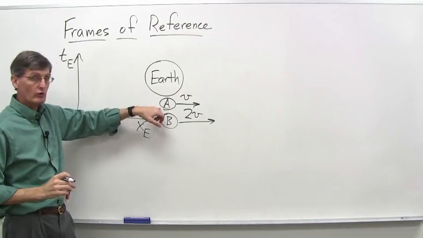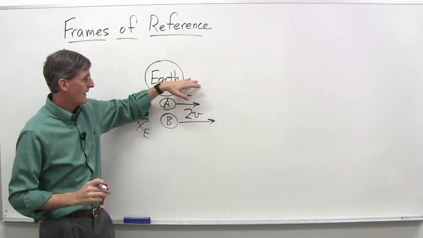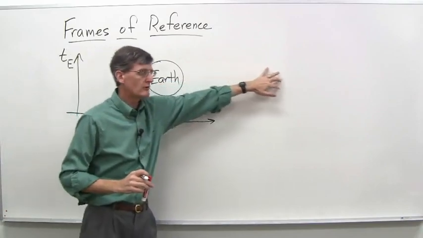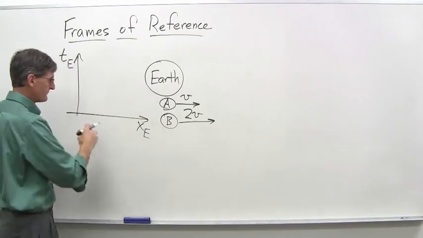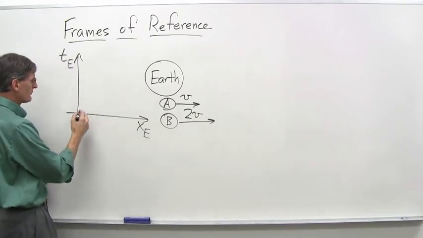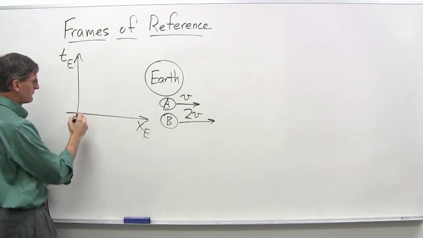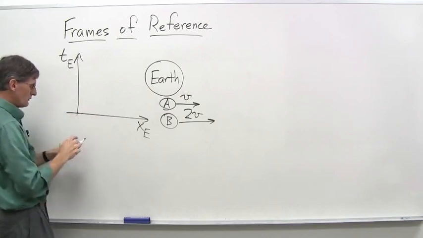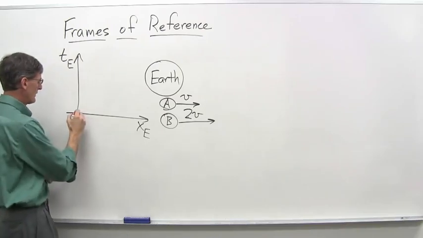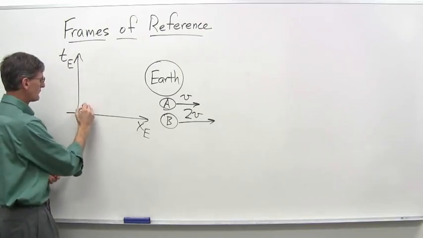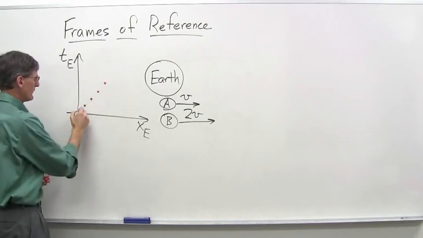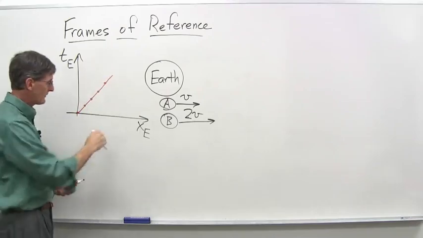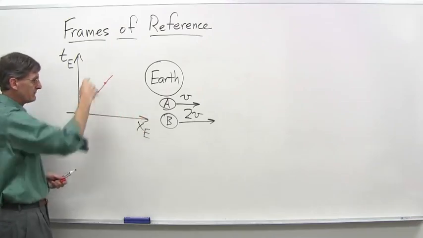So Alice is going along at velocity v, and as she goes along, each of the Earth frame of reference clocks takes photos. And so we'd see perhaps something like this, where we'll do red here for Alice going by. So we've got Alice going like this, and that would represent her path along the x-axis in time.